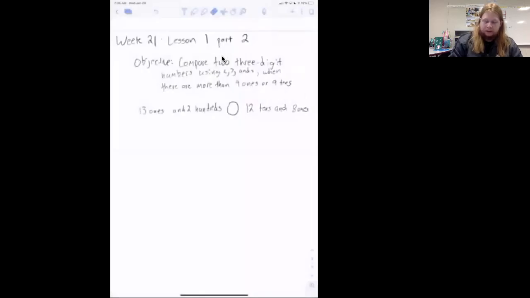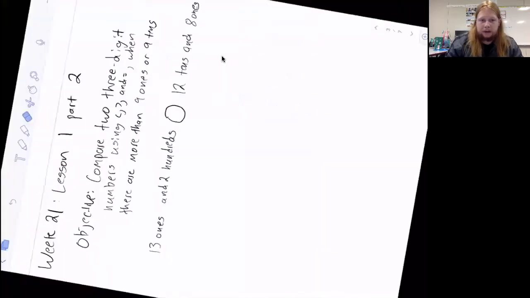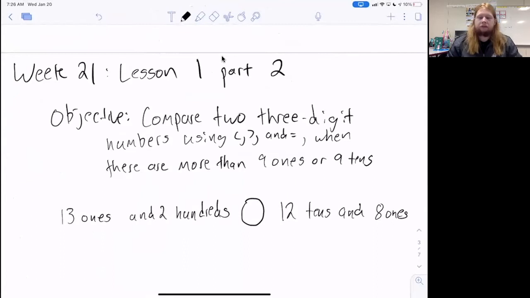After I mirror my screen, the objective for this lesson is almost the same as the other. We're comparing two 3-digit numbers using the less than, greater than, and equal sign. But this time we're working when there are more than 9 ones or 9 tens. So that means that we're going to have to do some converting like we've done in earlier videos.